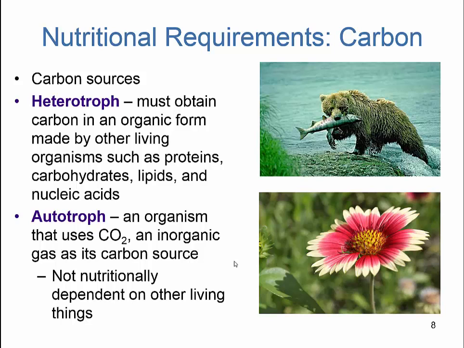In contrast, an autotroph can use carbon dioxide and can break carbon dioxide down to obtain its carbon source. So plants are autotrophs because they do not require the digestion of other organisms to obtain carbon.